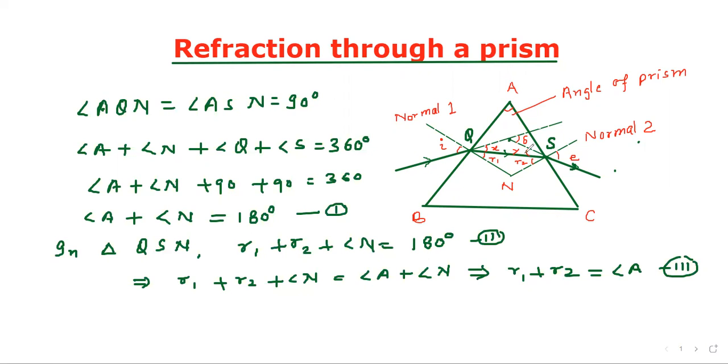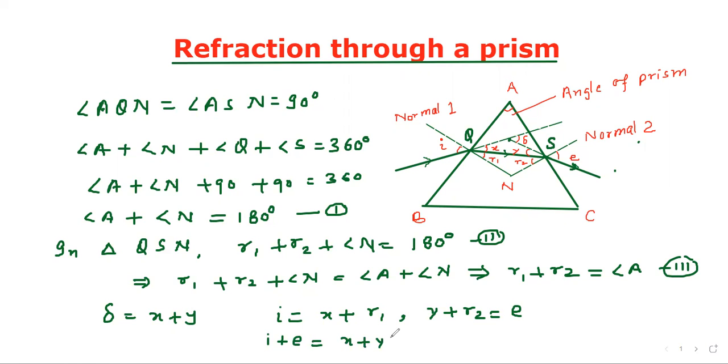Now we can apply the exterior angle property here in angles X, Y, and delta. So delta will be equal to X plus Y, but I equals X plus R1, and E equals Y plus R2. If we find the sum I plus E, we get X plus Y plus R1 plus R2.